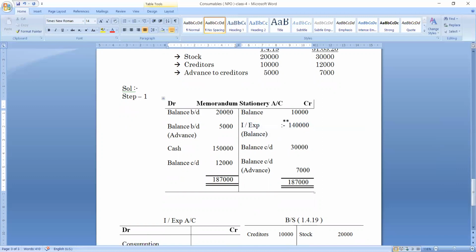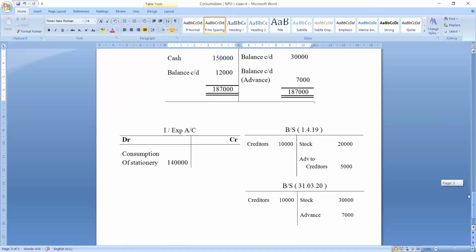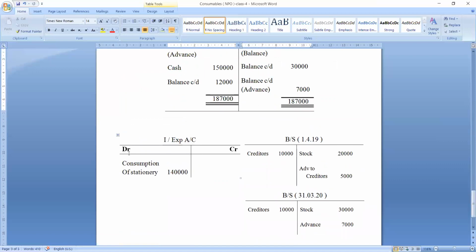First of all, you have to add 20,000, 5,000, 1,50,000, 12,000, total 1,87,000. You deduct from it 7,000, 30,000, and 10,000. You get the amount 1,40,000. In your income and expenditure account, you write on the debit side consumption of stationery 1,40,000, because this is your expense.